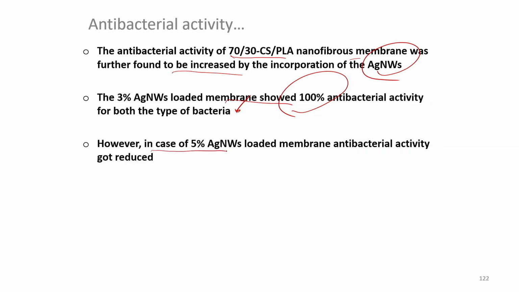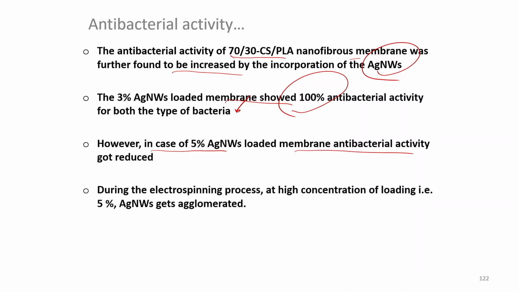In the case of 5%, the antibacterial activity reduces, and that is due to the agglomeration that we have discussed. During the electrospinning process at a high loading concentration of 5%, the silver nanowire gets agglomerated, which results in a drop in silver content in the final product.